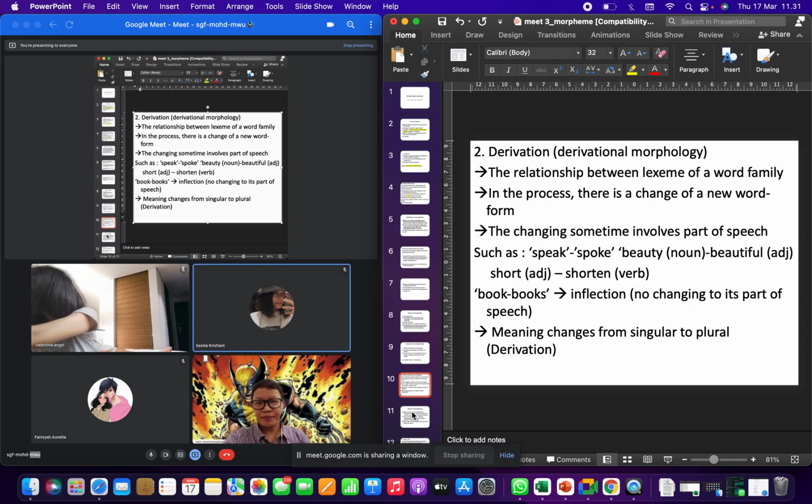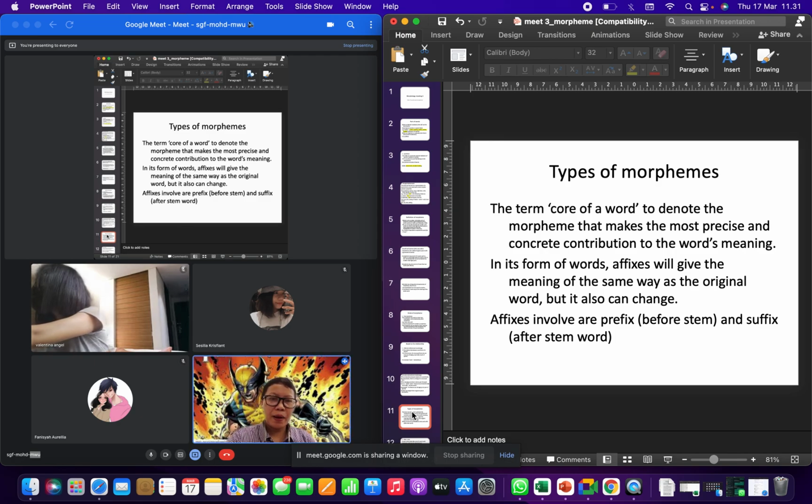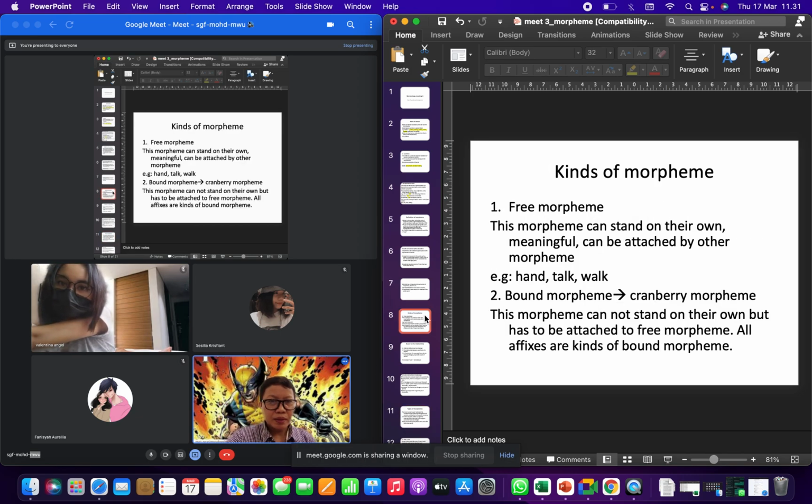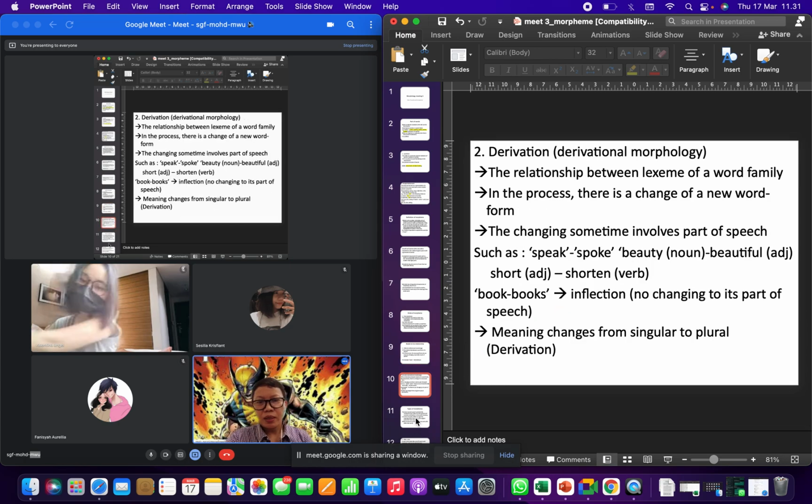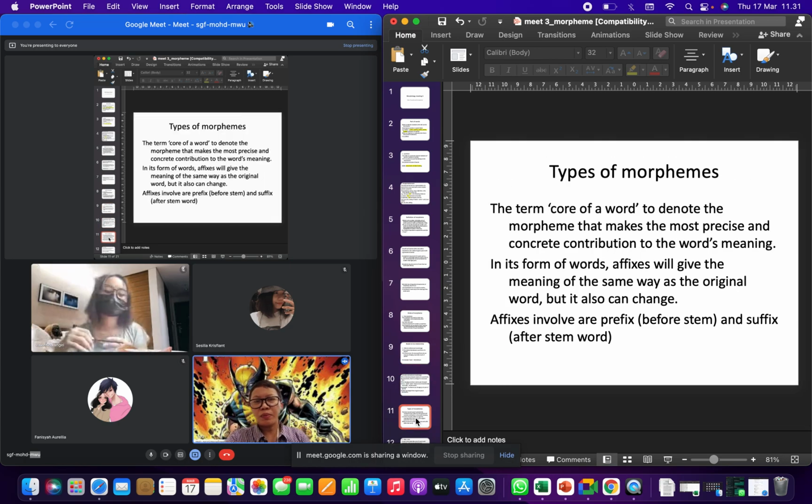Okay, and then now let's see here. We are going to see the types of morpheme based on its core of a word. It means that we still talk about types of morpheme. Before, we talked about kinds of morpheme based on relationship, and now we talk about types of morpheme if we see its core of a word.